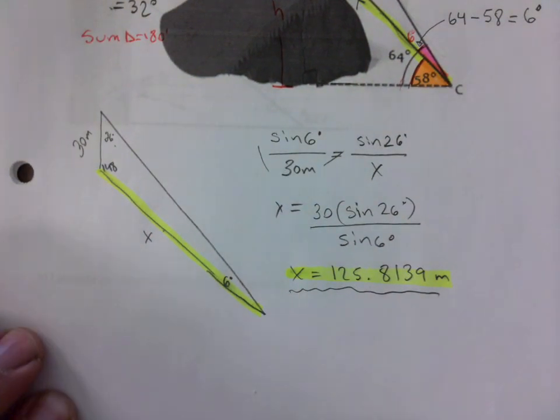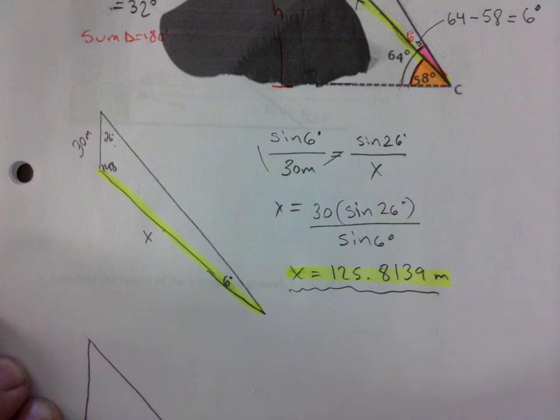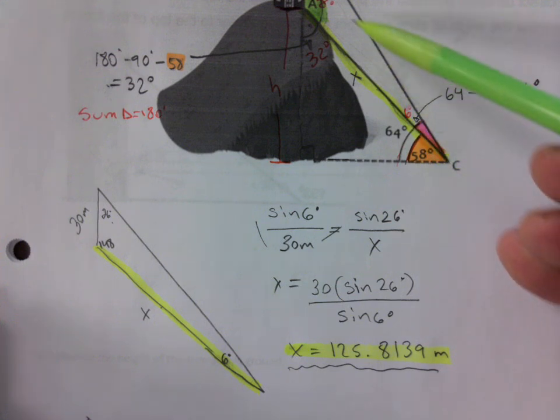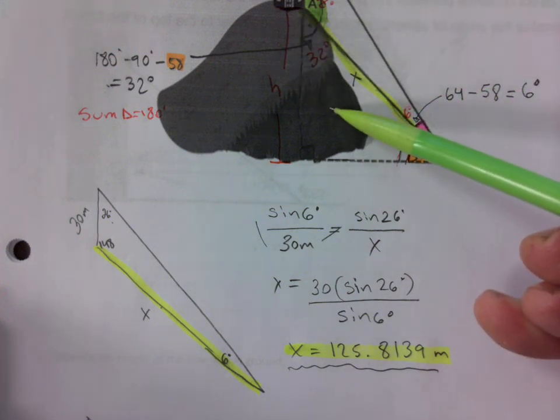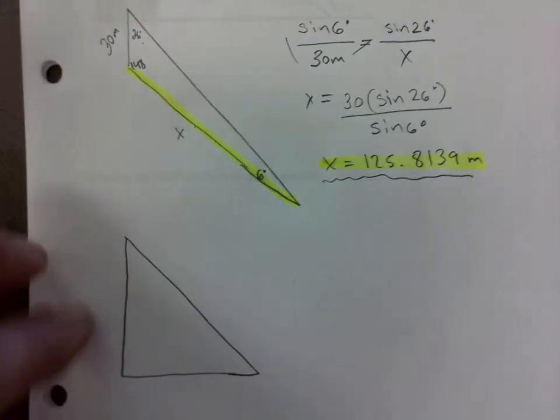We're not done yet. Now I'm going to fix my attention to this one right here, the right triangle. This right triangle here, I'm going to zoom in on this one. So I'm going to copy down as much information as I can to it here.